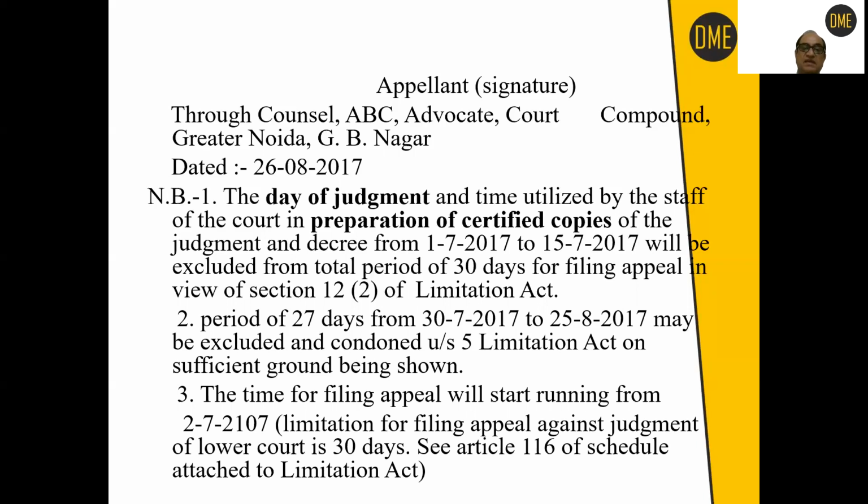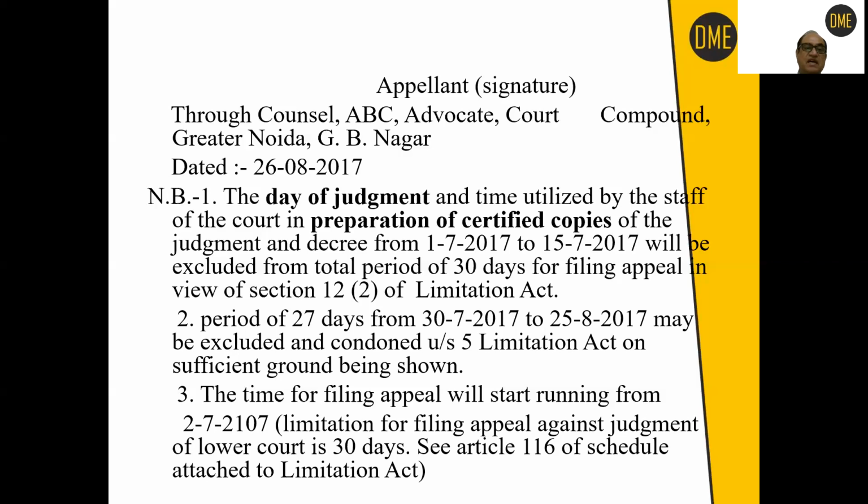And you have seen that the time for filing an appeal will start running from 2nd July, because the date of judgment, 1st July, is to be excluded. So time has to run from 2nd July. And you know that limitation for filing appeal against judgment of lower court is 30 days, which is given in Article 116 of the schedule attached to the Limitation Act.